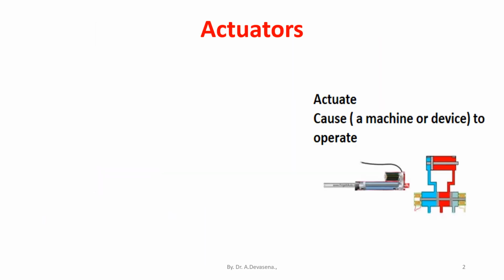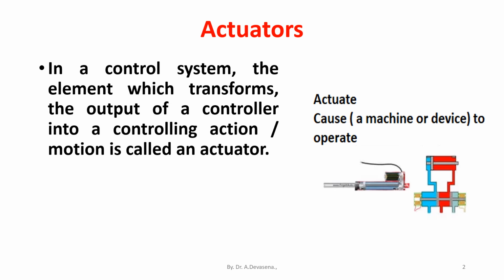Actuators. In a control system, the element which transforms the output of a controller into a controlling action or motion is called an actuator. Actuators produce physical changes such as linear and angular displacements.